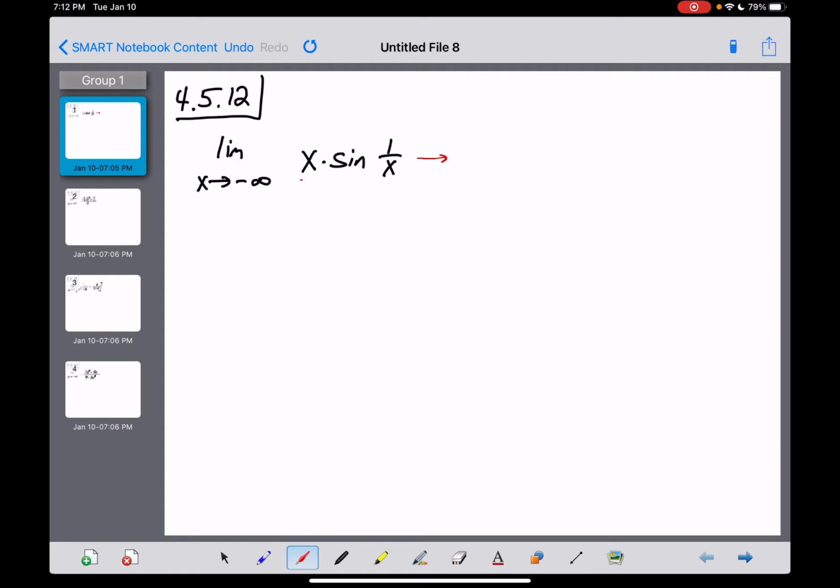If you put a negative infinity in for an x, you're going to get a negative infinity. And then you're going to multiply that by the sine of 1 over x. Now that's actually interesting and worth talking about. 1 over x, as your x value is approaching either positive or negative infinity, your denominator gets bigger and bigger and bigger while your numerator stays the same.